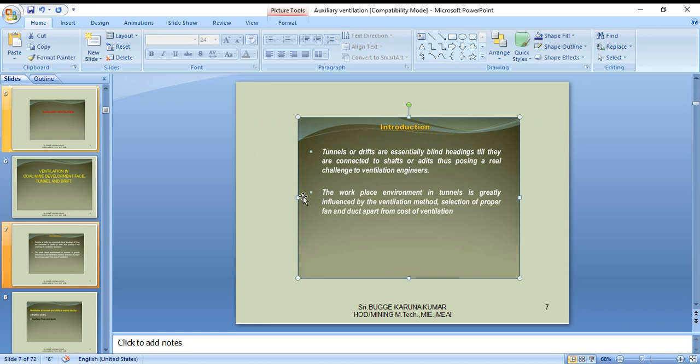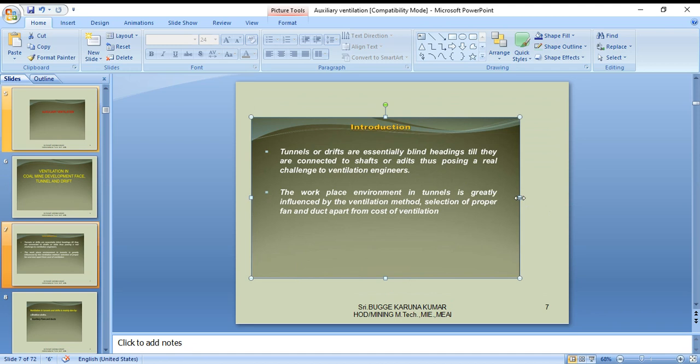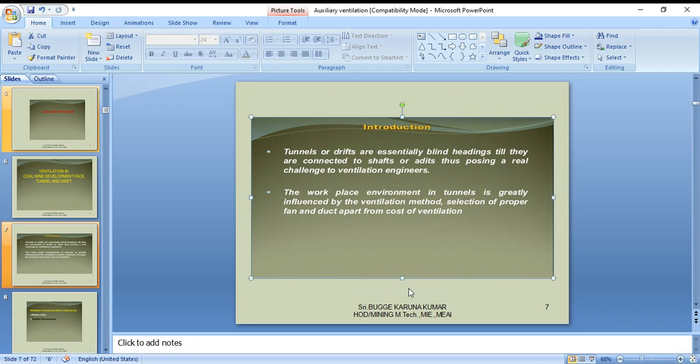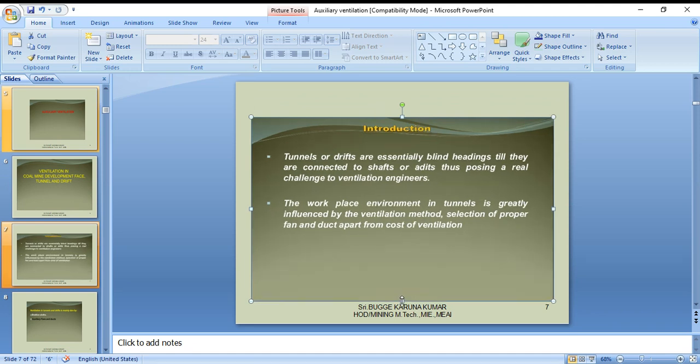So the basic definition was given here. Tunnels or drifts are essentially blind headings till they are connected to shafts or adits.